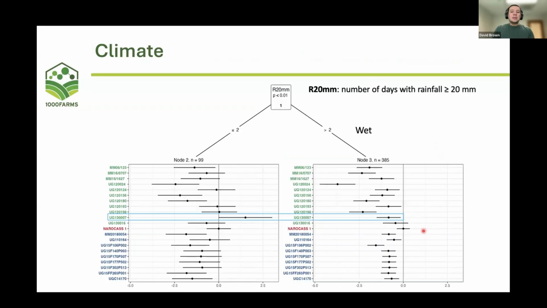So this panel here is showing us a set of environments that we could consider wetter environments. And this particular variety is performing well in a relatively drier environment compared to how it performs in a wet environment. But still in the wet environment, it doesn't perform very differently to the check variety.